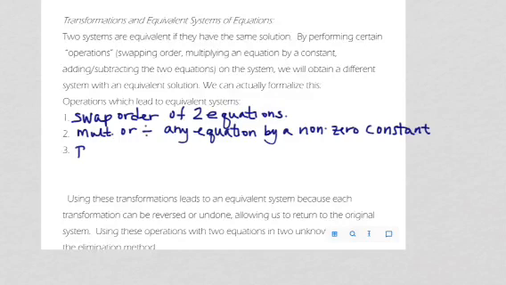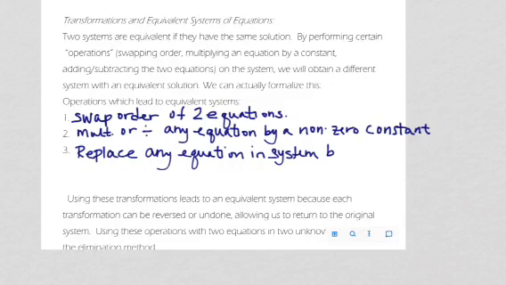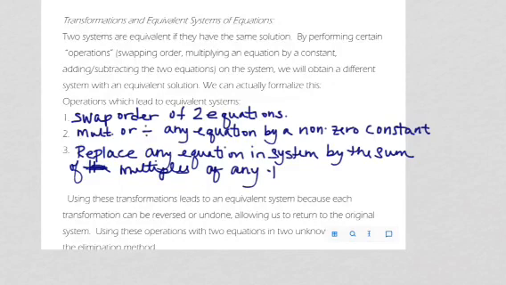The third one's a little bit kooky, but it's going to be the thing we use the most frequently. You can replace any equation in the system by the sum of multiples of any two equations.